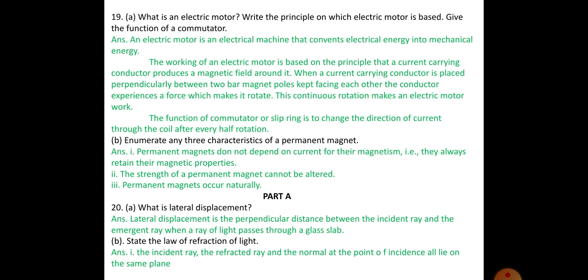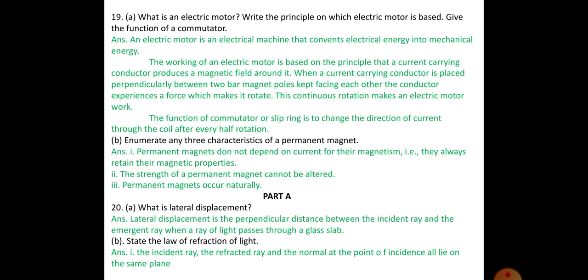What is an electric motor? Write the principle on which an electric motor is based. Give the function of a commutator. An electric motor is an electric machine that converts electrical energy into mechanical energy. The working of an electric motor is based on the principle that a current carrying conductor produces a magnetic field around it.